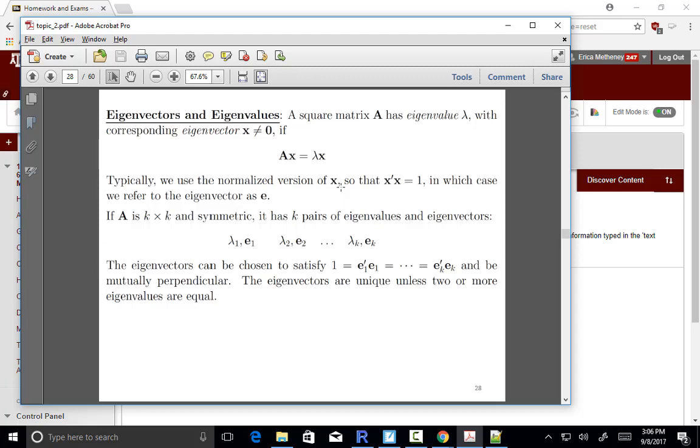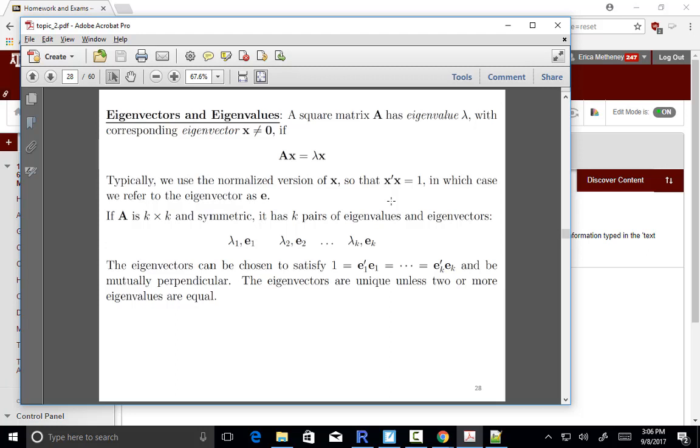By convention, what's usually returned to you as the eigenvector is a standardized or normalized version of it. A normalized vector typically means that we've rescaled it so that its length is 1. So when we get back the eigen decomposition of a matrix, the eigenvectors themselves, which will be columns of a matrix, will have inner product equal to 1. That's the same thing as length of 1.